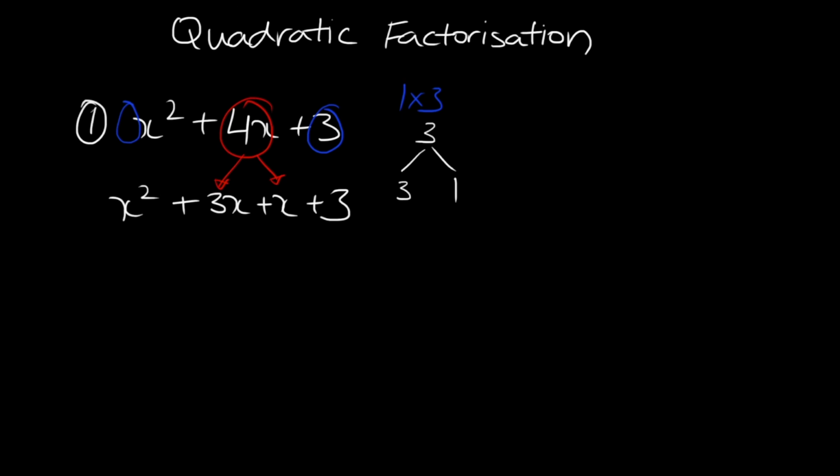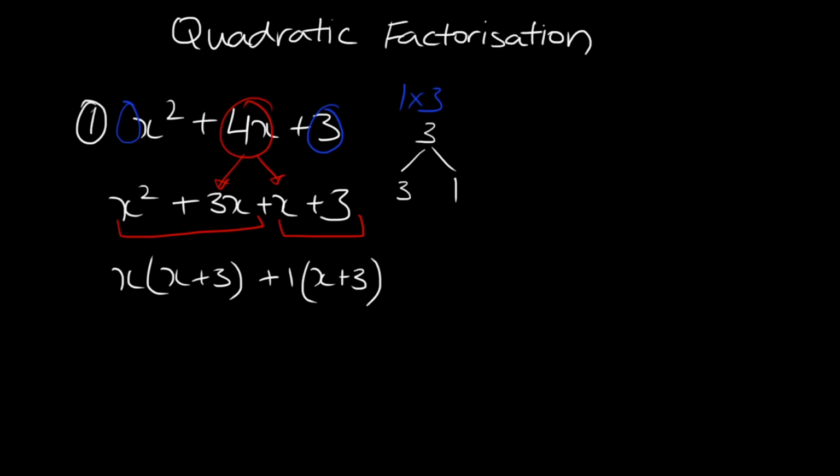And what this allows us to do is to create two pairs. And if you've seen our factorizing pairs video, you'll know exactly what to do. So we just factorize the two pairs, and we get x times x plus 3, plus 1 times x plus 3. And we can see that these two are the same.